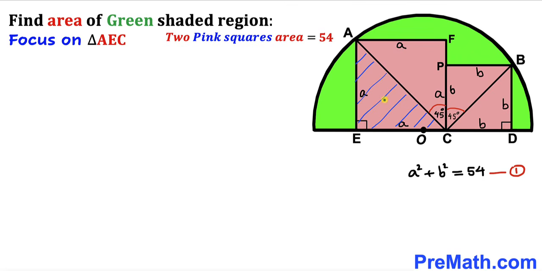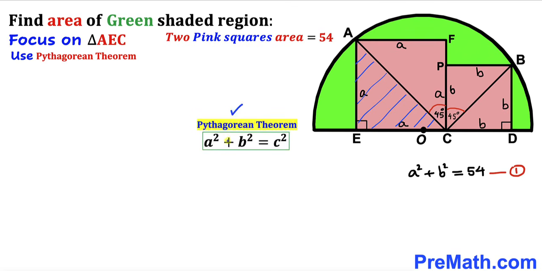And now let's focus on this right triangle AEC, and we are going to use the Pythagorean theorem on this triangle. Here's our Pythagorean theorem: a squared plus b squared equals c squared. In our case, the hypotenuse is this diagonal AC, and our other two legs are a and a. So let's fill in the blanks in this formula.